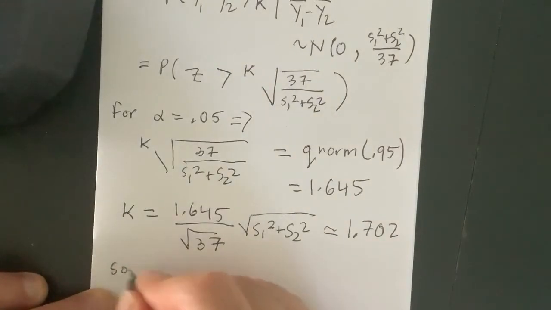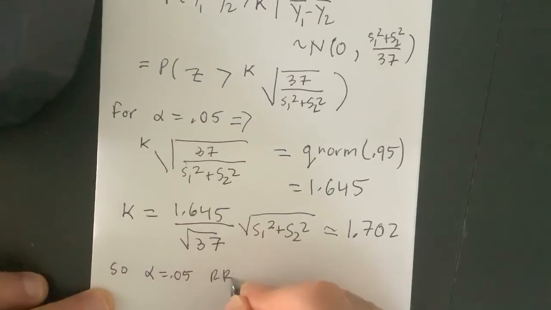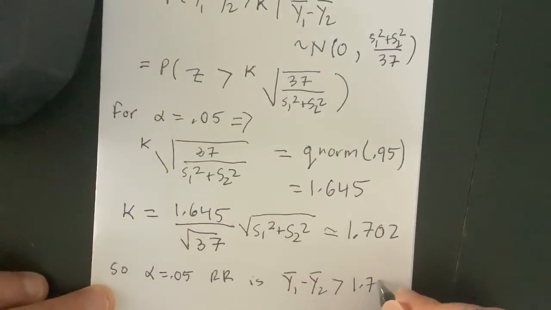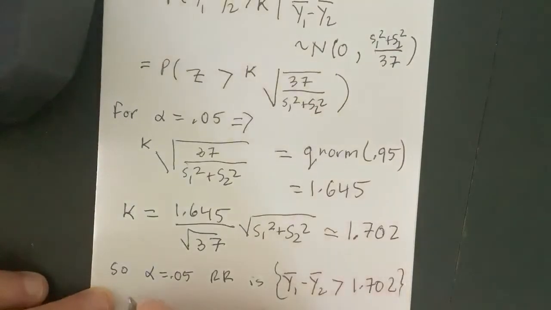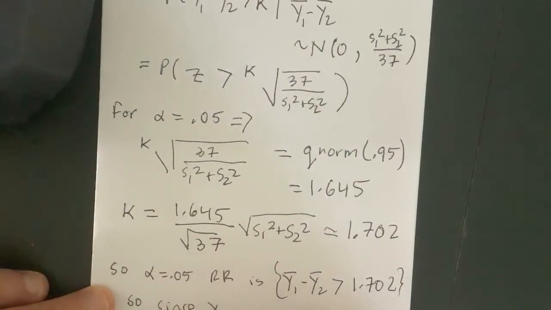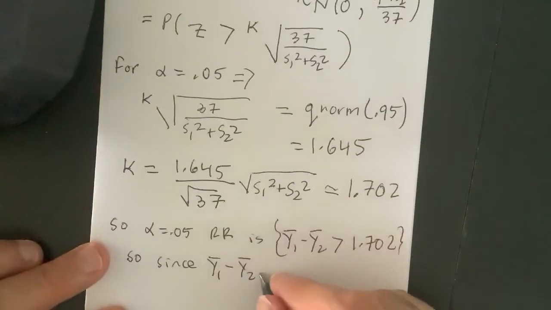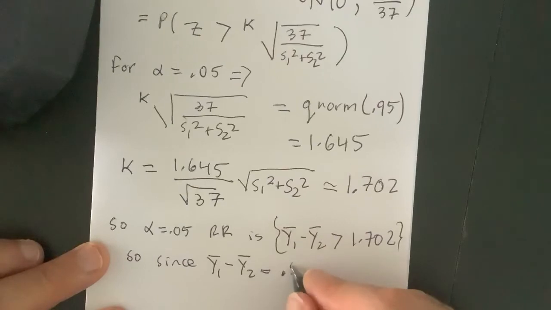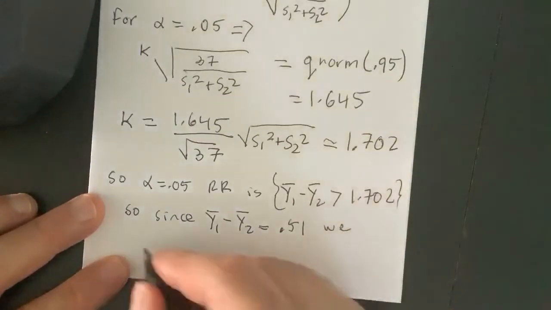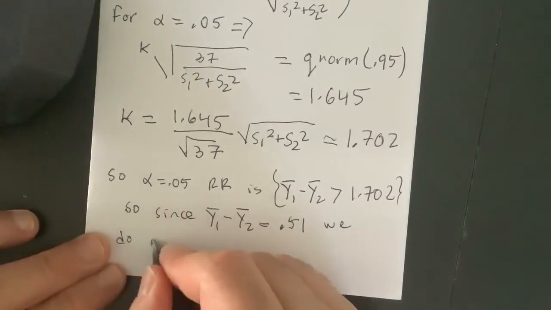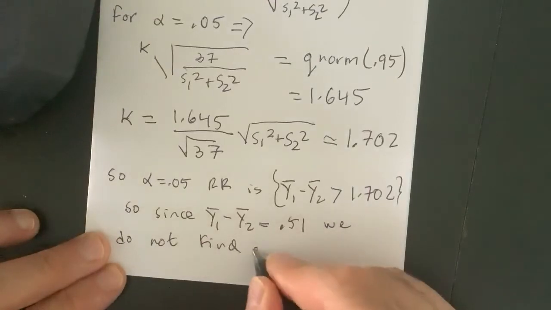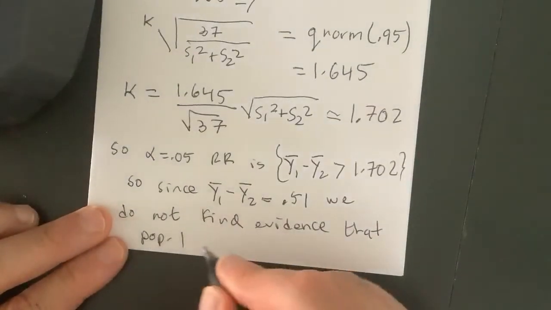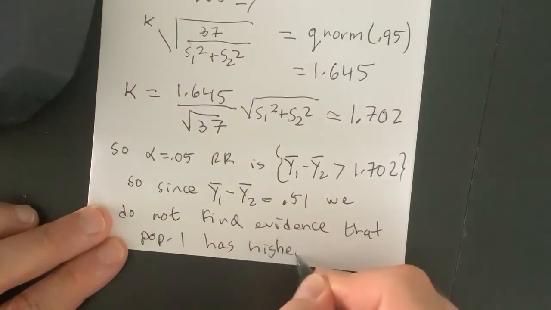So let's write that. So since our observed difference is actually equal to, let's see, 32.51, we do not find evidence that population one has higher dexterity.